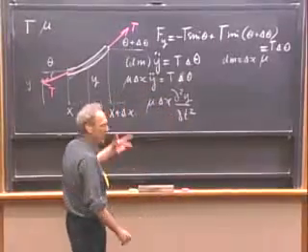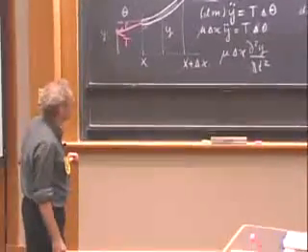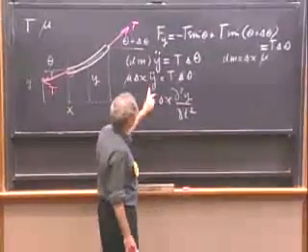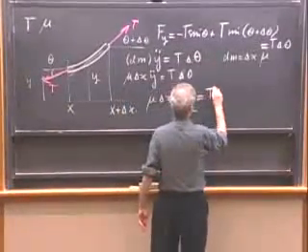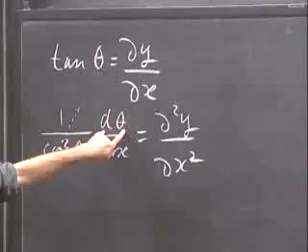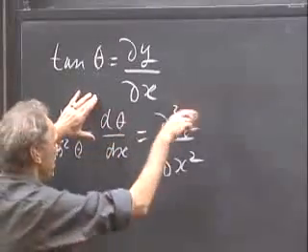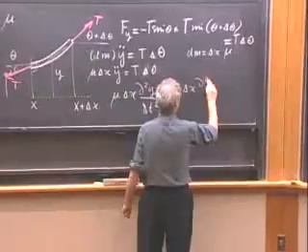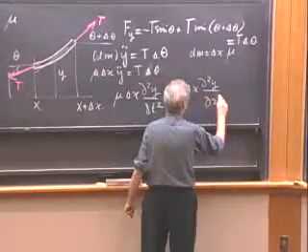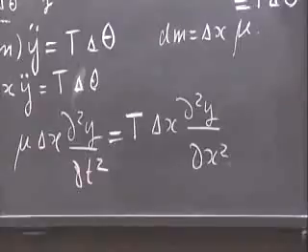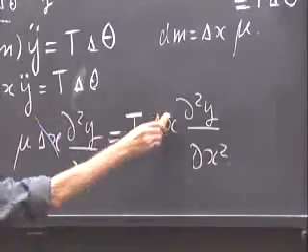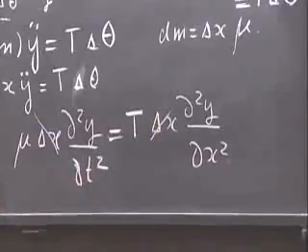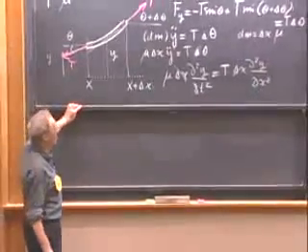I use partial derivatives because I'm not changing x. That's the justification for the partials. And now I get t, and now this delta theta, I'm going to write for it this times delta x. So now you get delta x times d2y dx squared. And now I'm doing something that mathematicians would never do. I'm going to divide out delta x. Don't tell your 18 whatever people that I did that.